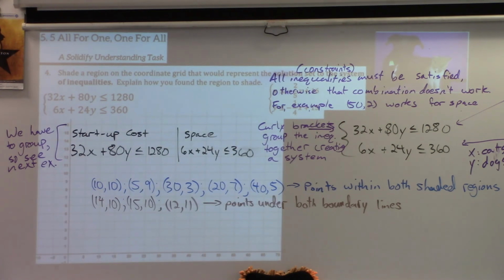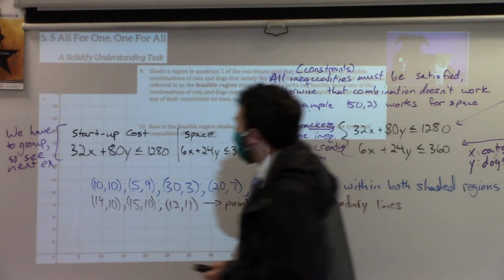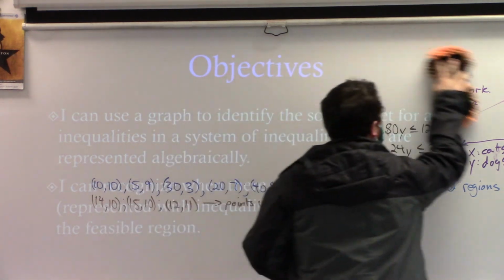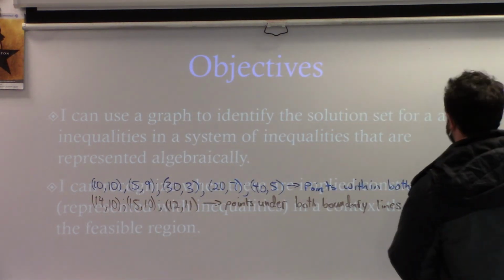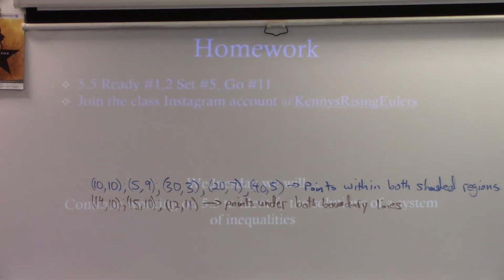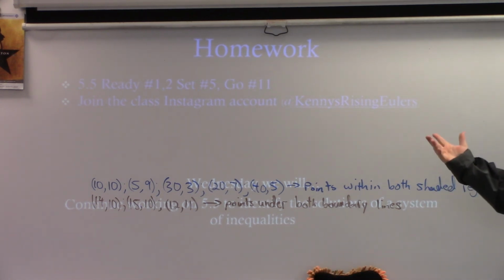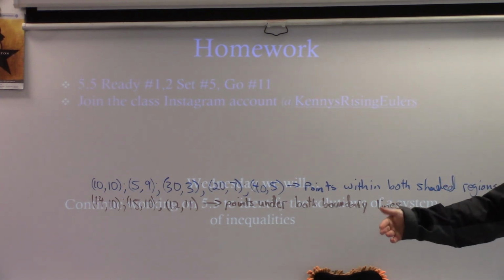All right, I'm going to leave that there, but I'm going to quickly go to the homework. Just erasing this. Make sure you have that blue stuff down. So 5.5, ready, numbers 1 and 2, go set number 5, go number 11. Again, is this less homework than normal? Yes. So that you can use what two resources online?